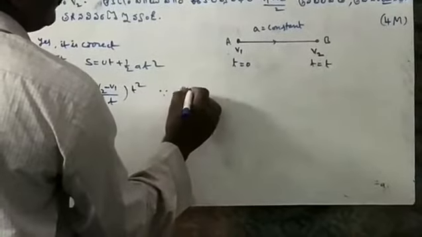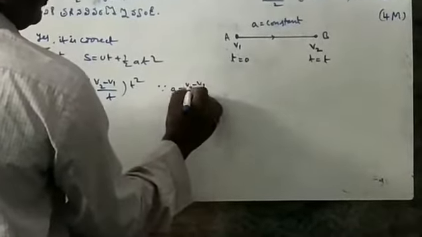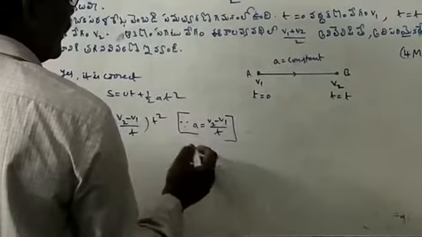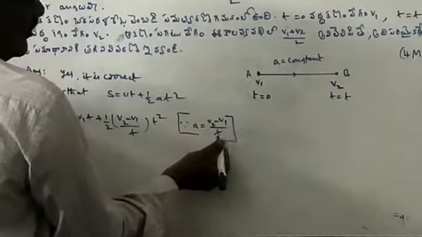Acceleration is equal to change in velocity, final velocity minus initial velocity by time.